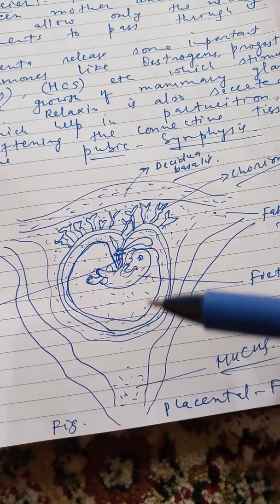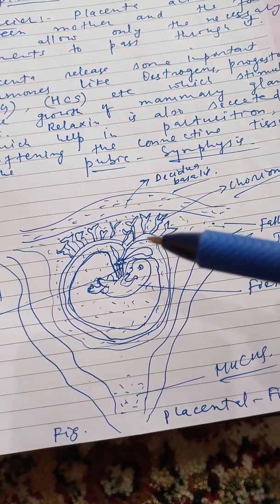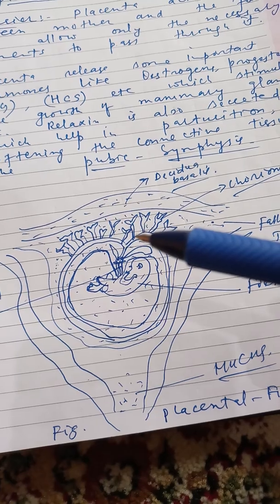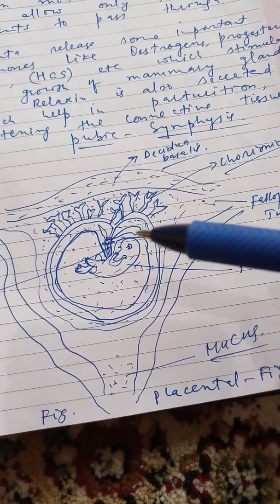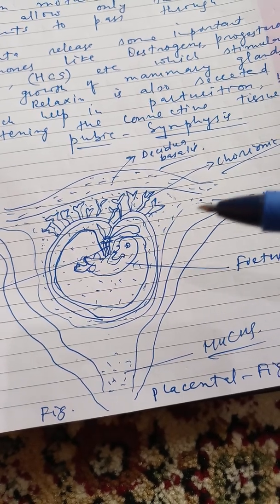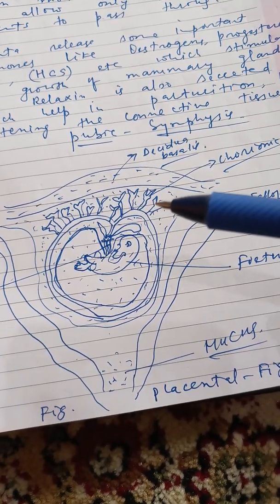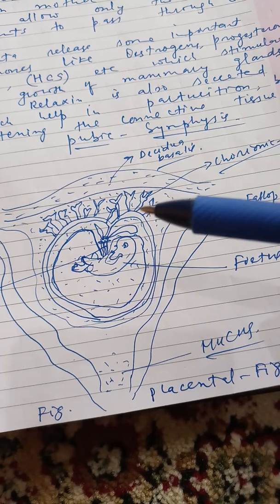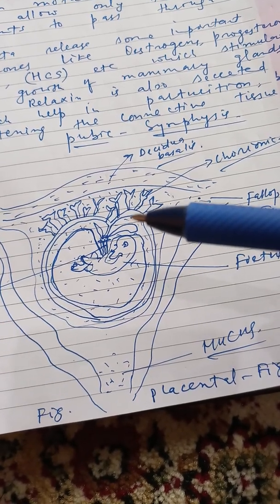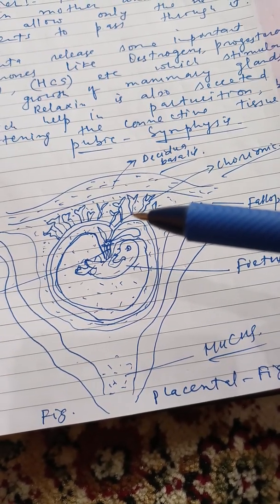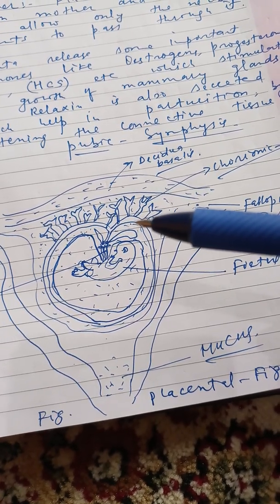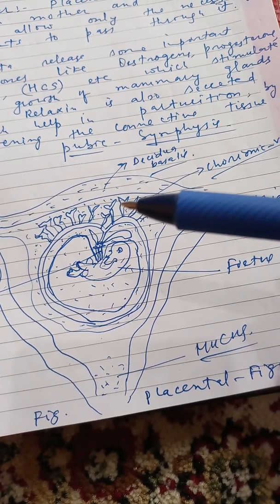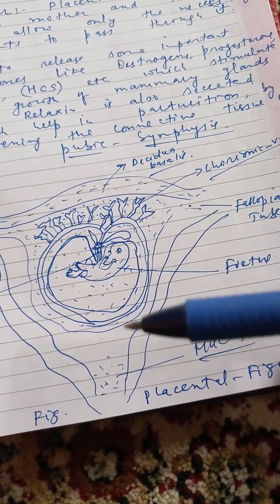And lastly, the next important function of this placenta is that it releases many hormones. You already know the names of estrogen and progesterone. They are released by this placenta. Here, estrogen helps in organ formation, and similarly progesterone helps in the development of the uterine wall.